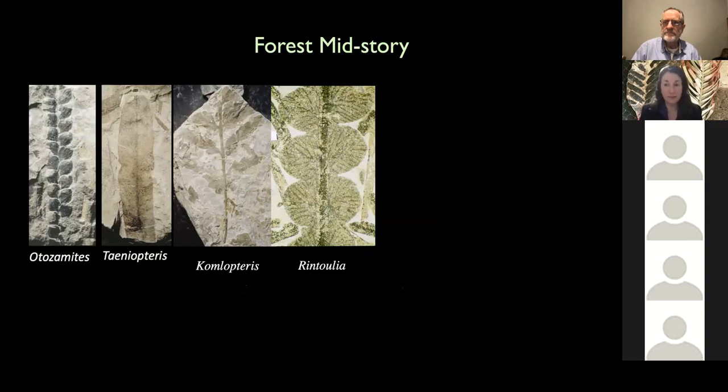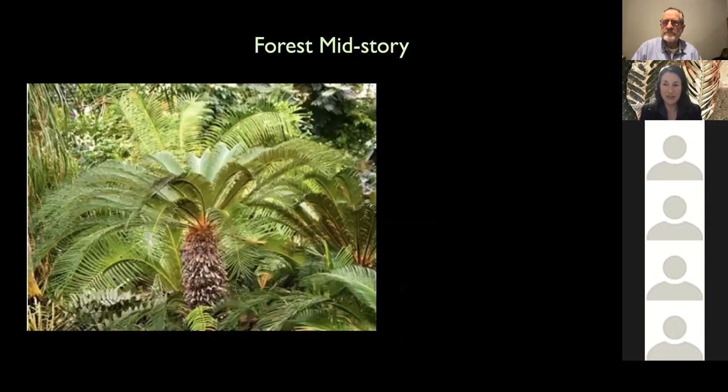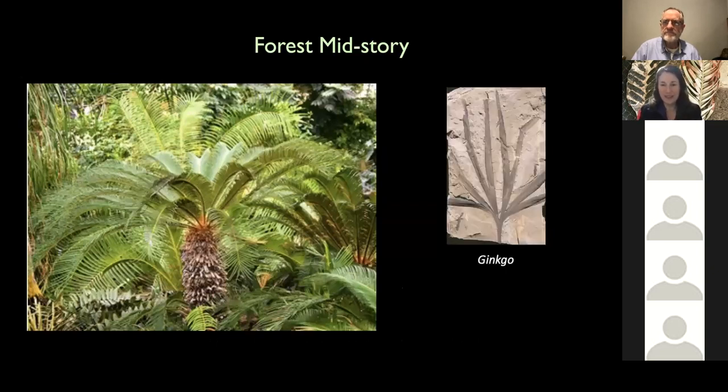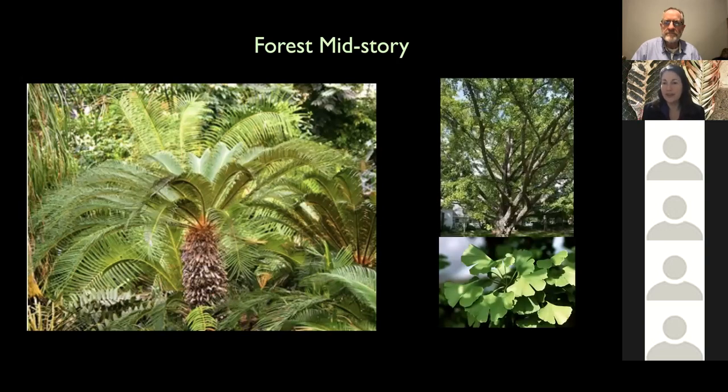And we're seeing a very, very large diversity of these seed ferns forming the mid-story with these large trunks similar to cycads, but also some other very strange seed plants related to the modern ginkgo that we see. We see one last remaining species known as Ginkgo biloba, the Chinese maidenhair tree.